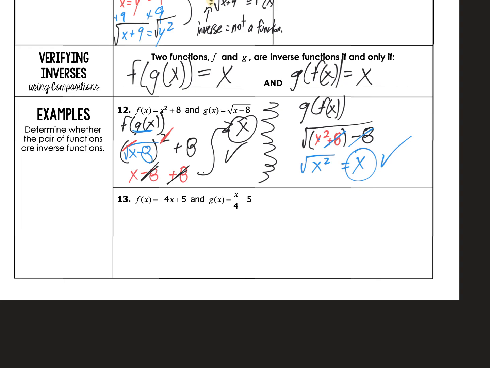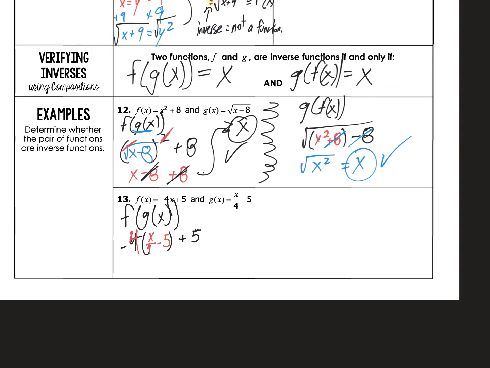Okay, so here's what I've gotten. I know that f of g of x, once again, I'm going to write out f as negative 4 blank plus 5. It's always important to be careful with your algebra here, right? So I've got x over 4 minus 5.